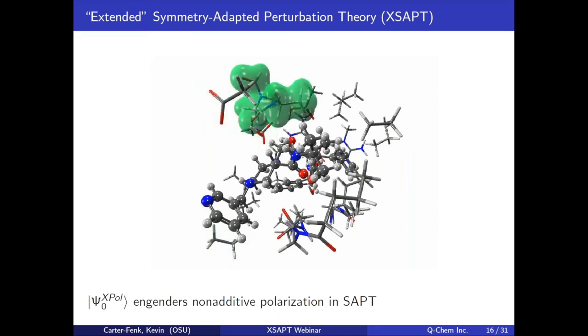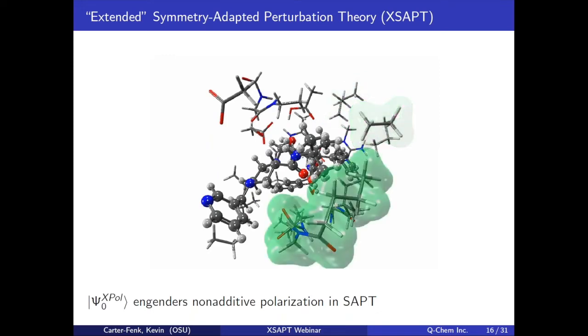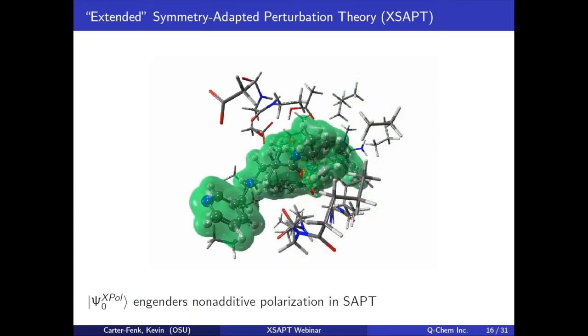And so in this graphic, I'm representing this with the optimization of the monomer densities in this system, where the electrostatic potential of the rest of the system is represented by atom-centered point charges.